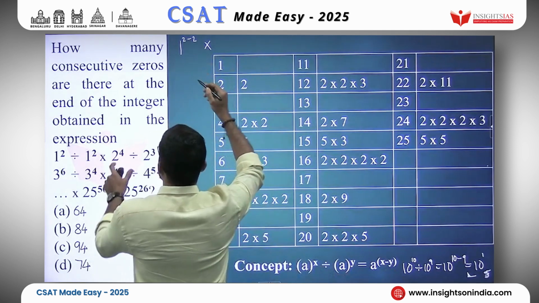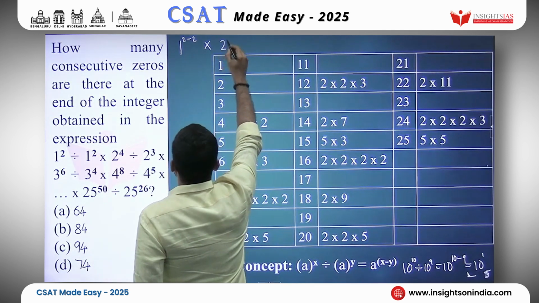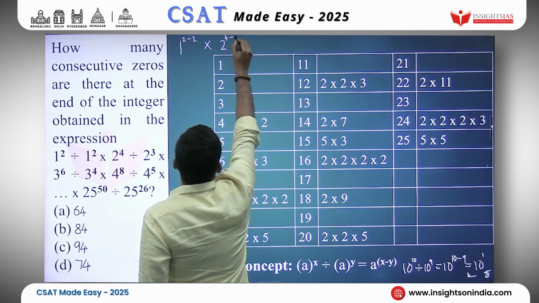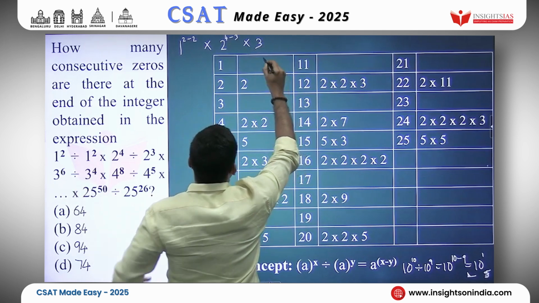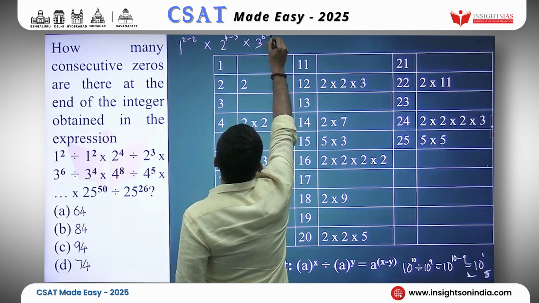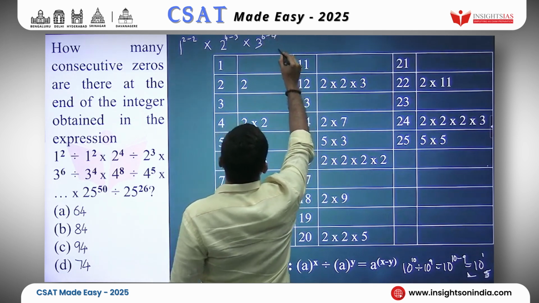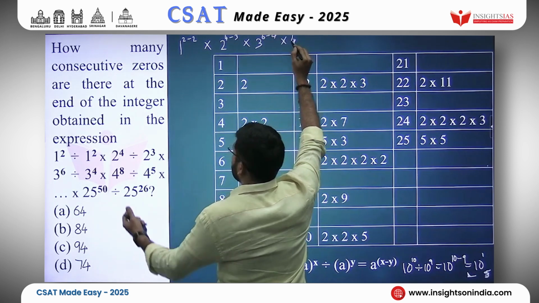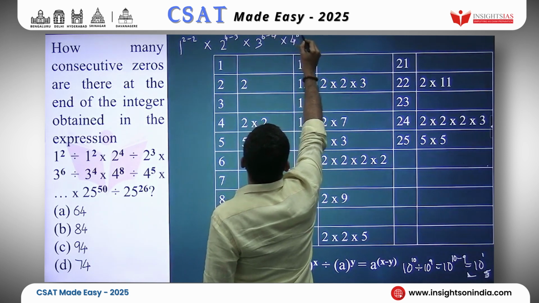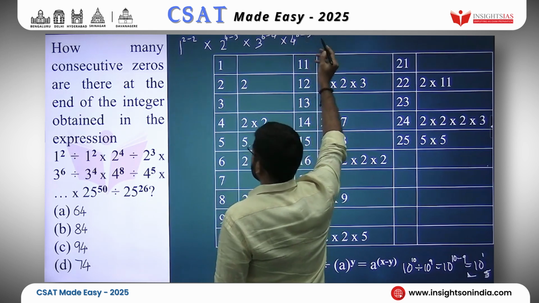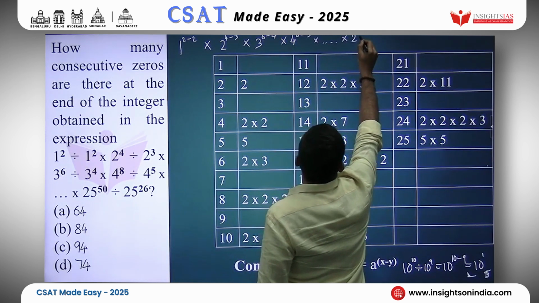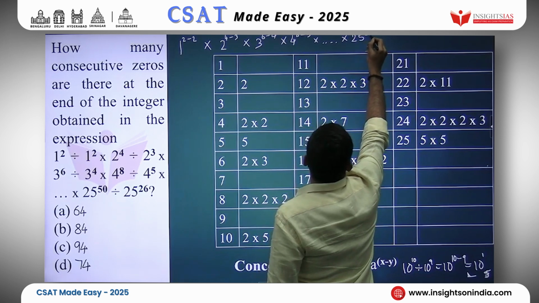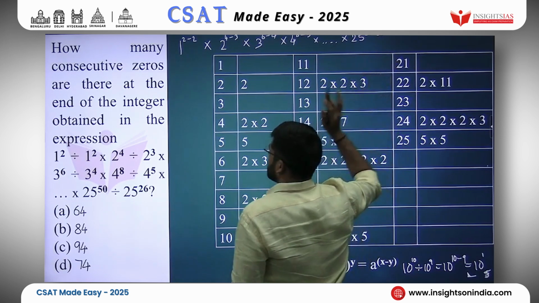Then 2 to the power of 4 divided by 2 cube would be 2 to the power of 4 minus 3. Then 3 to the power of 6 divided by 3 to the power of 4 would be 3 to the power of 6 minus 4. And 4 to the power of 8 divided by 4 to the power of 5 would be 4 to the power of 8 minus 5. And ultimately 25 to the power of 50 minus 26.